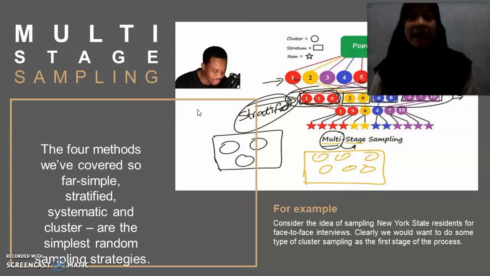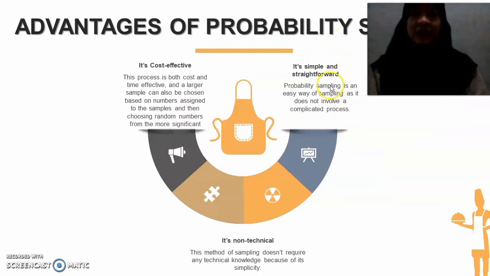For example, consider the idea of sampling New York State residents for face-to-face interviews. Clearly, we would want to do some type of cluster sampling as the first stage of the process. And the last, we will understand the advantages of probability sampling.